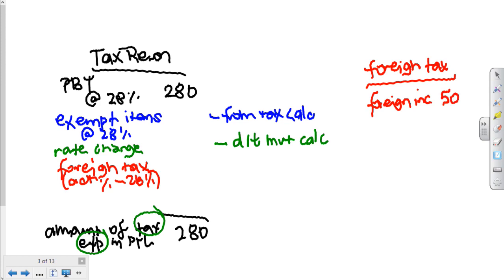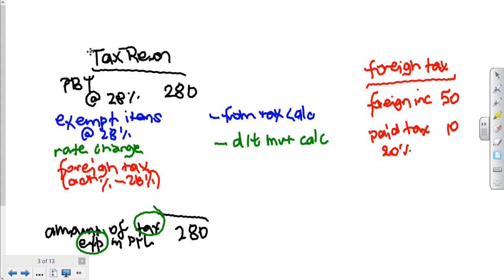of 50,000, 50 million, whatever it is, yeah? And let's assume that I paid tax of 10. So in other words, I've paid tax at 20%. Do you agree with that? Okay, so now, when I look at my numbers, this foreign income is sitting in profit before tax.